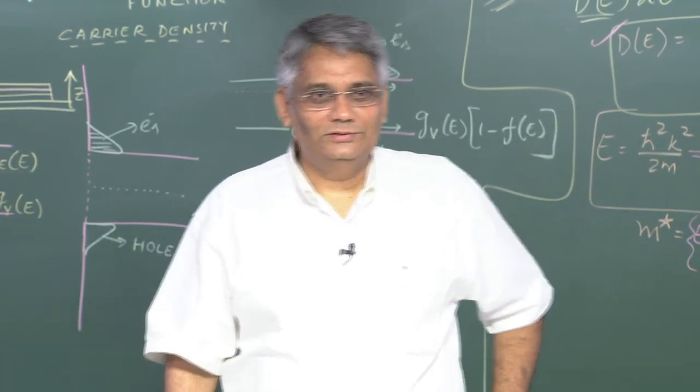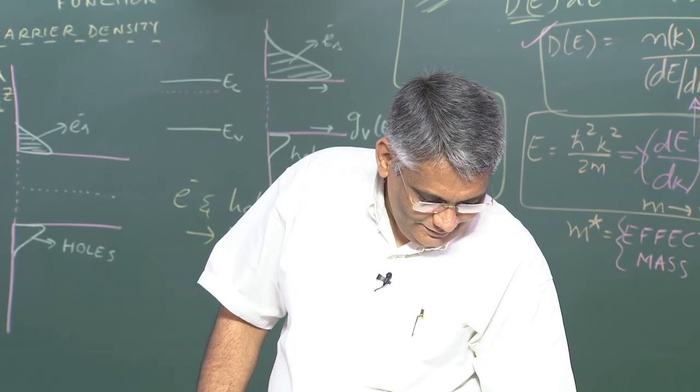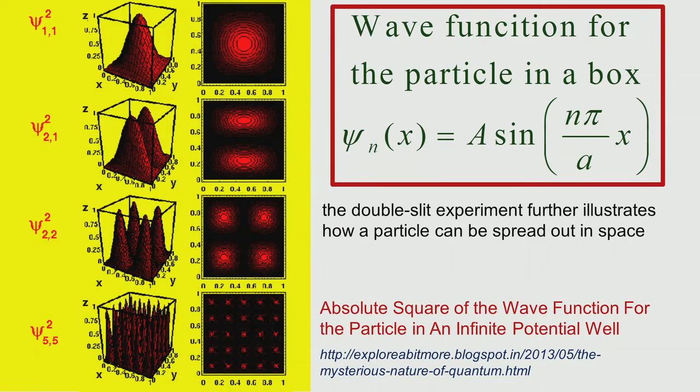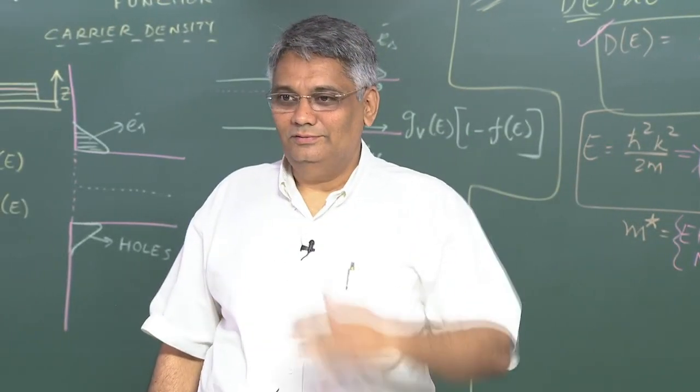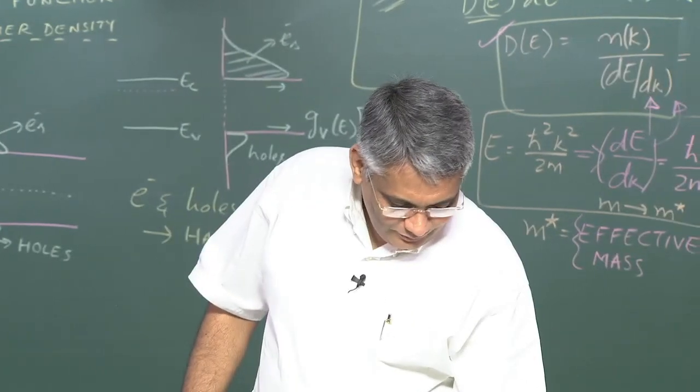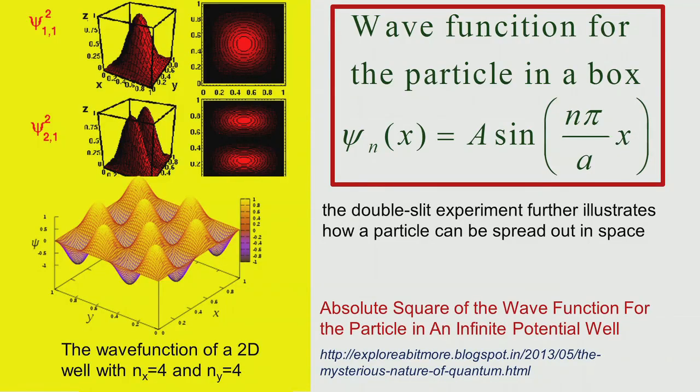I have a very quick question. What you see on the left hand side of the screen is the simulated probability density distributions of electrons in different states, with increasing number of n values. Of course, you can also represent it this way, where the wave function of a 2D well with nx equal to 4 and ny equal to 4.